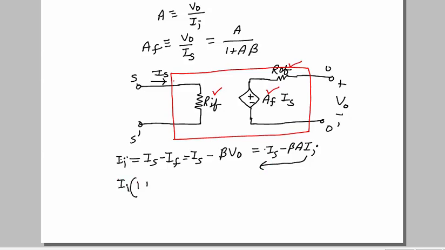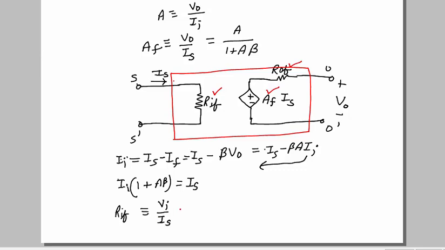II(1 + Aβ) = IS. Now the input resistance with feedback, which is RIF, is defined as VI by IS.